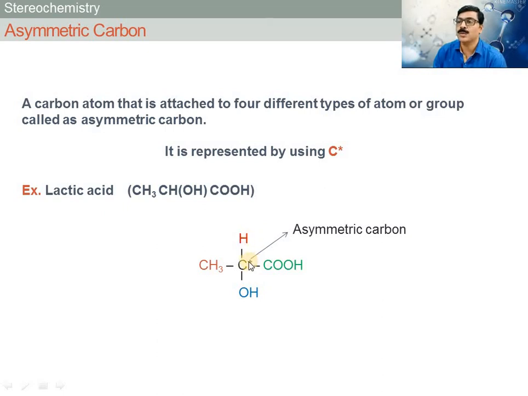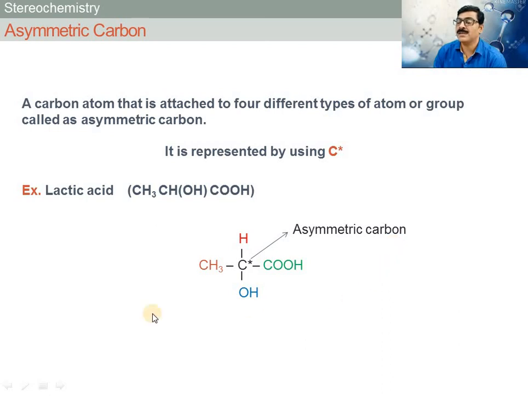And which are these groups? First one is the CH3 group, second one is a hydrogen atom, third one is the carboxylic group, that is COOH, and fourth one is the hydroxy group. Means all the four valencies of the second carbon atom in lactic acid are satisfied by different types of groups. So it is an asymmetric carbon atom.